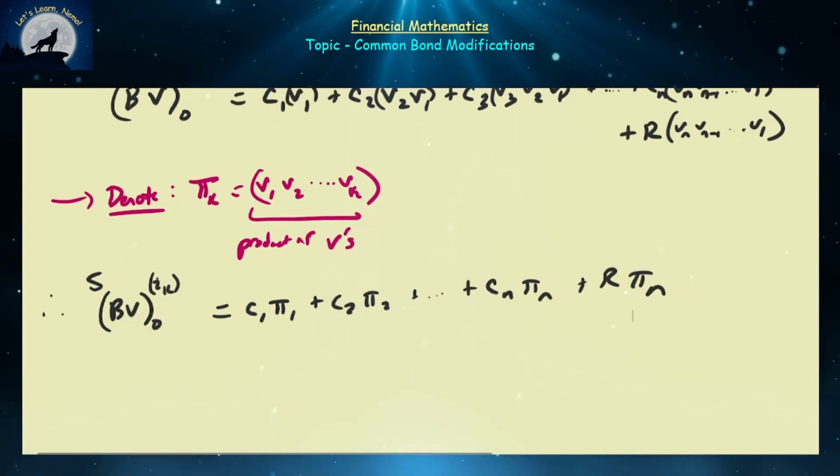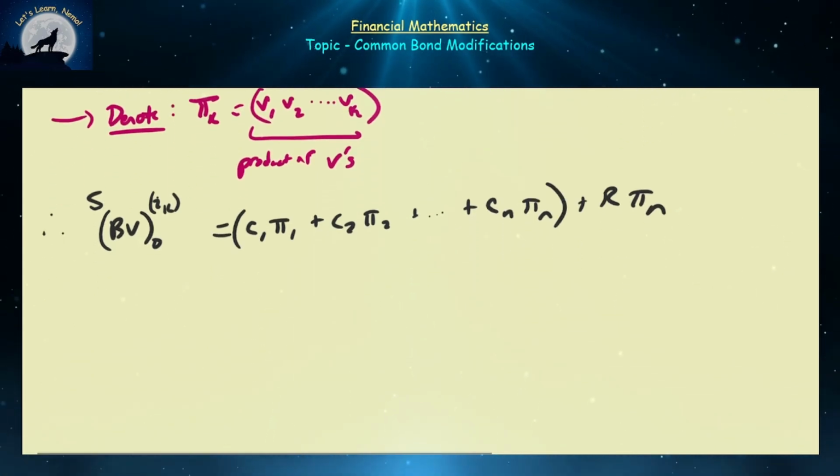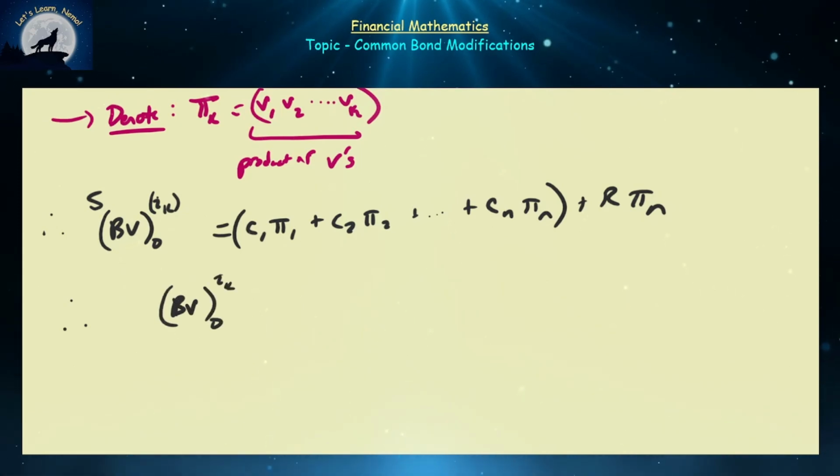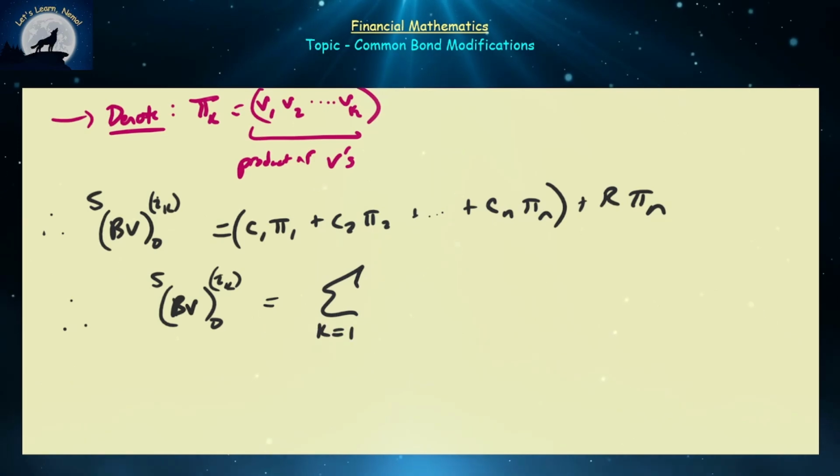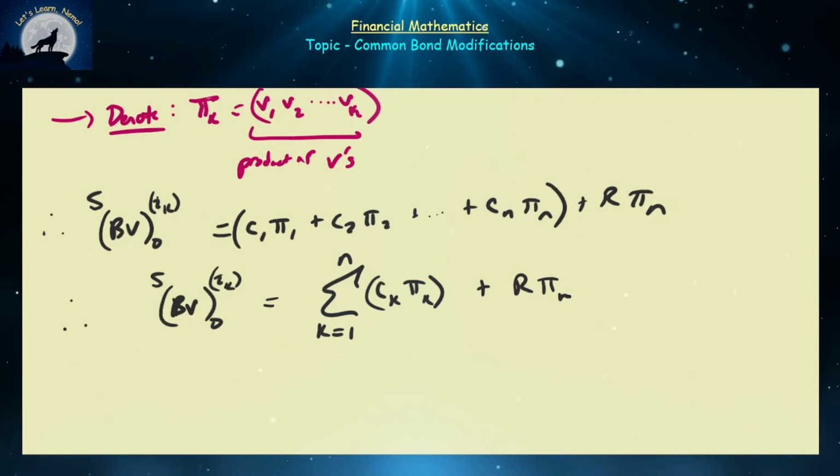And now you're like, oh, it's actually very easy to write in summation notation, and you would be right. BV0 with i_k's will be equal to the sum from k equals 1 to n of c_k P_k plus r P_n.